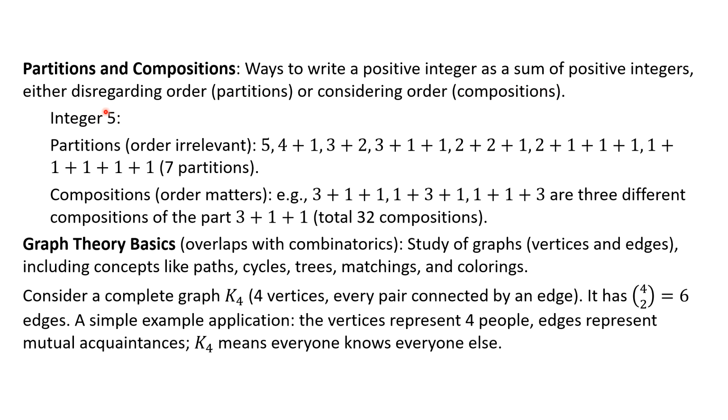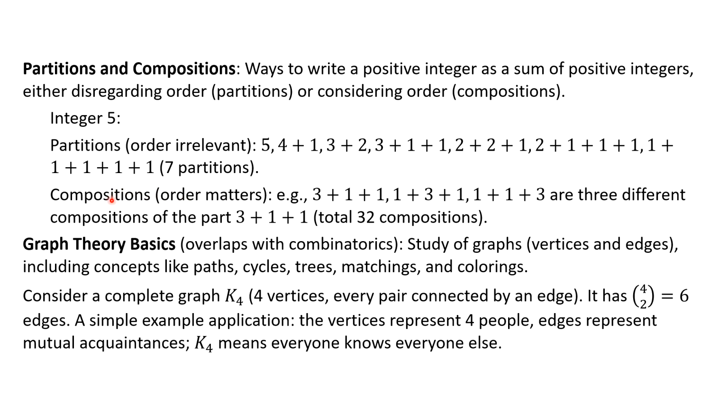So if we take the integer 5, there are 7 partitions. 5, 4 plus 1, 3 plus 2, 3 plus 1 plus 1, 2 plus 2 plus 1, 2 plus 1 plus 1 plus 1, and then just 1 added to itself 5 times. And as I say, we don't care about the order here, so we don't count 3 plus 2 and 2 plus 3 as 2 different items in the list. We just count them once.